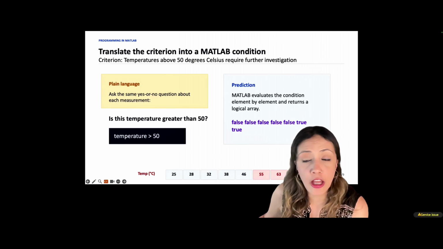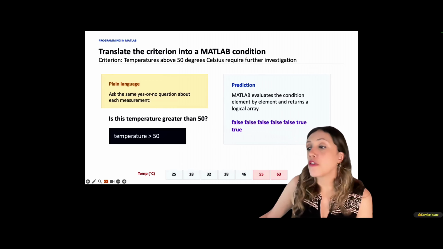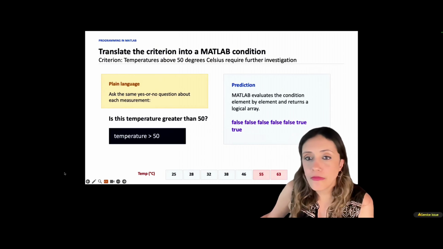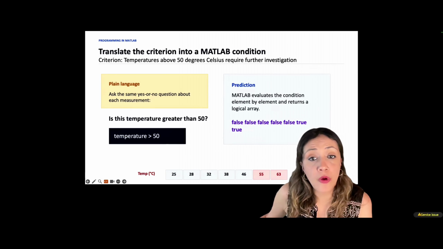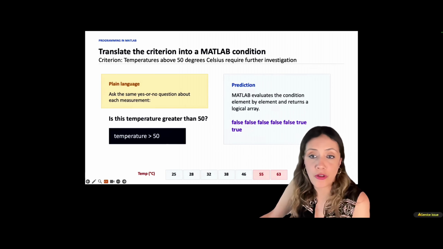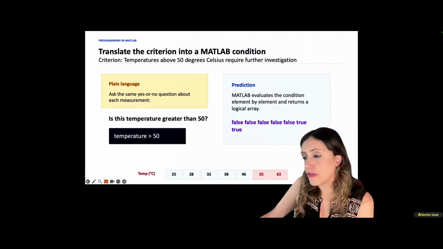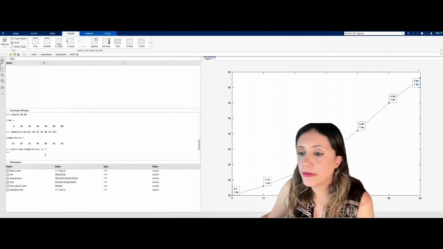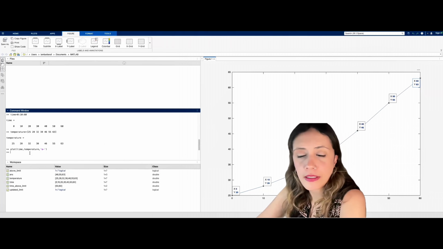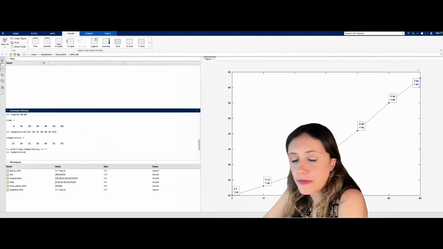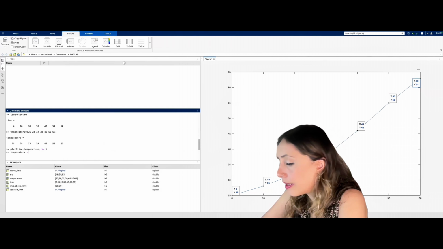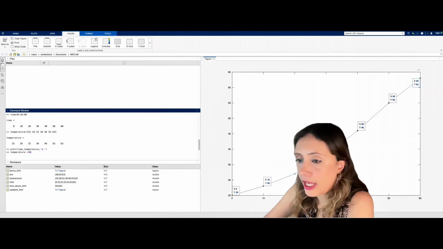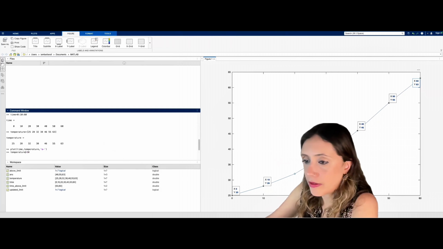So looking at this logical array, what can we conclude here? That only the last two temperature measurements exceed 50 degrees Celsius, right? So let's go to MATLAB again, and let's see, temperature > 50. And what is it going to show us?